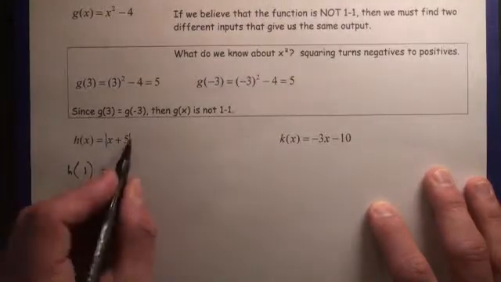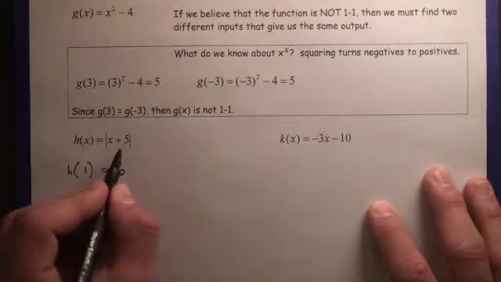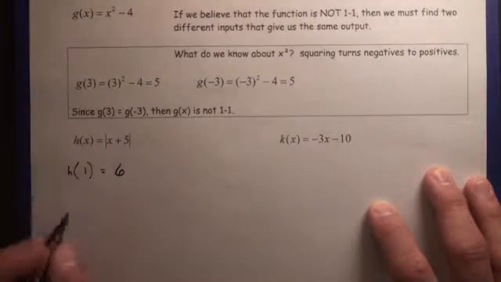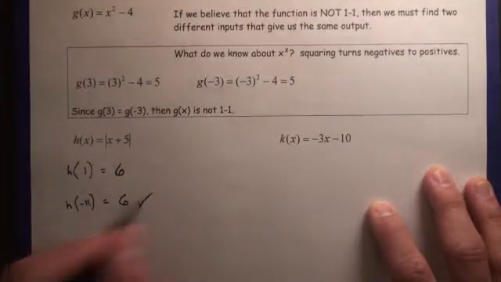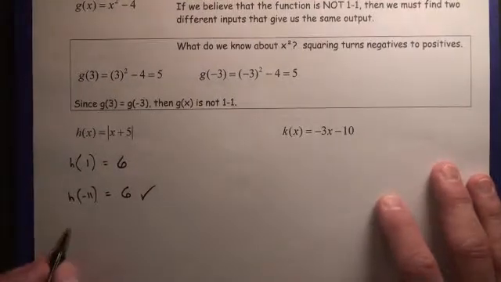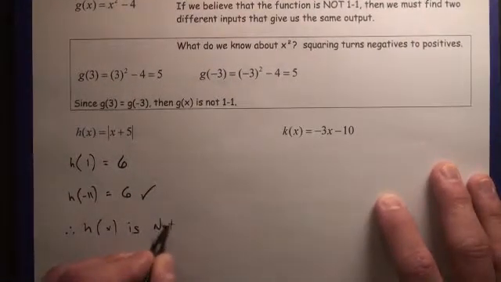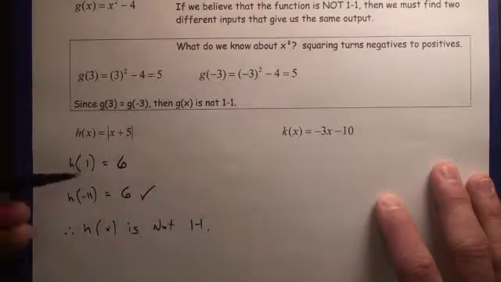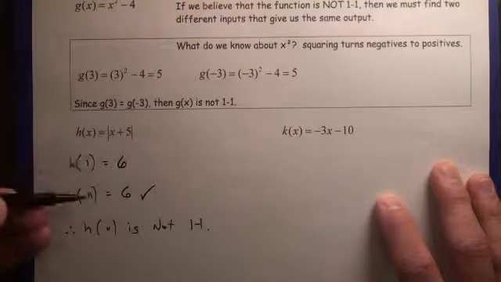Well, is there another way to get 6 in here? Well, yeah, you could have a negative 6. That would mean you'd have to have negative 11. Isn't h of negative 11 also equal to positive 6? Yes, therefore, we can say that h of x is not one-to-one, because these two outputs came from different inputs.